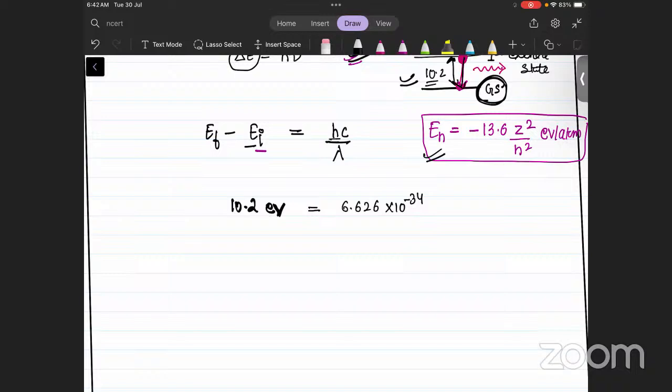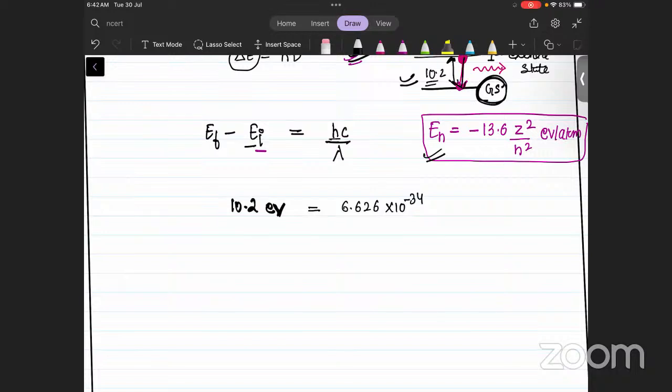Okay, type your answers in the chat. Let's see how many of you remember what's the unit for Planck constant. Yes. Omkar has got it right.